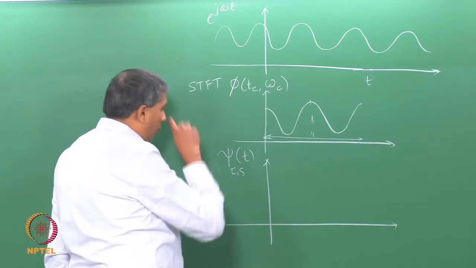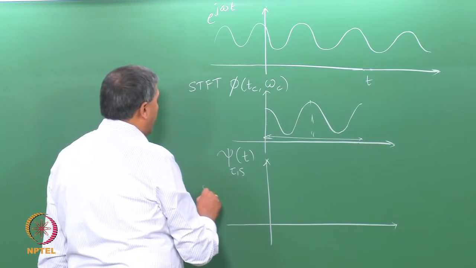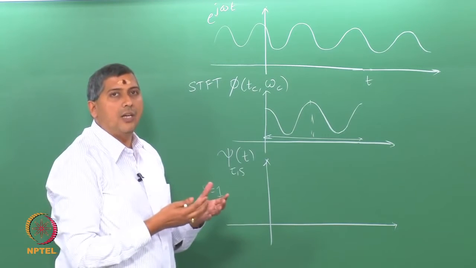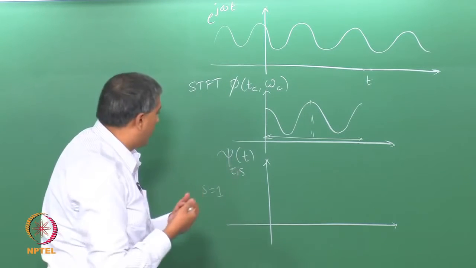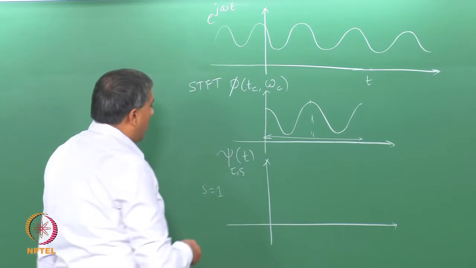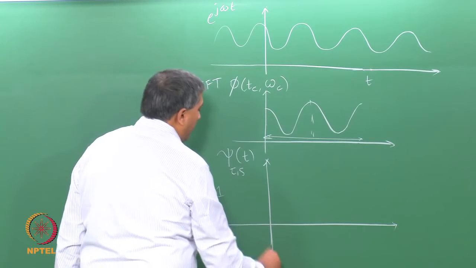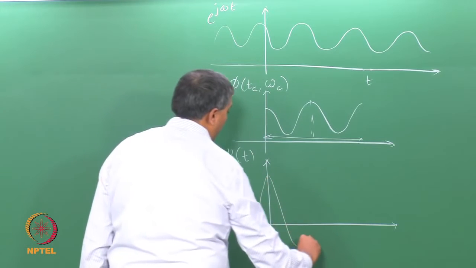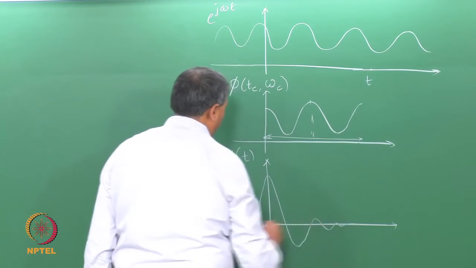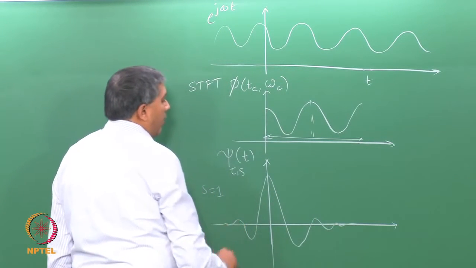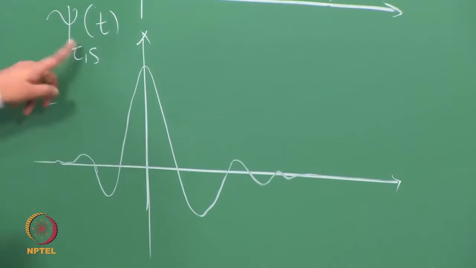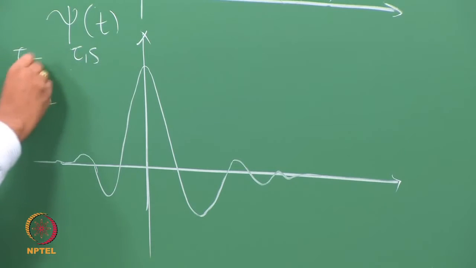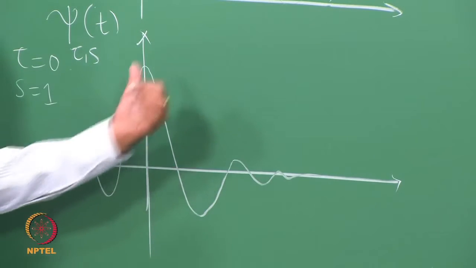So, what does a wavelet look like? Let us say I am looking at scale 1. What we mean by scaling in general is scaling in time, stretching or compressing. A typical wavelet would look like this. This we say is centered at the origin, so tau is 0 here and the scale is said to be 1.